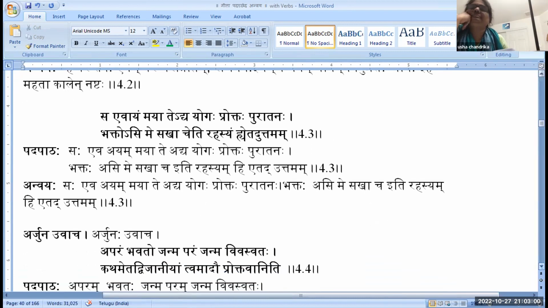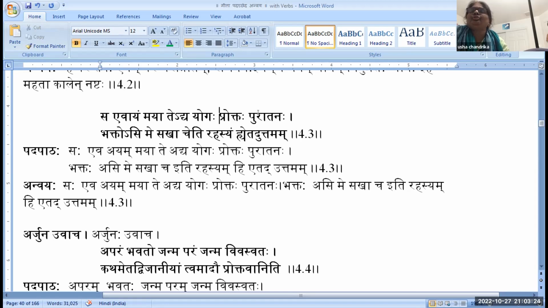Saha eva ayam maya te adya yogaha proktaha. This visarga is now followed by a hard letter, pa. There is a visarga sandhi, a very complex one. Here, because of jihvamuliya, can we make it a sandhi?